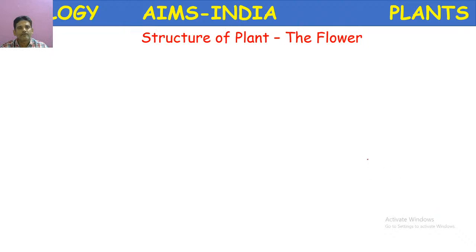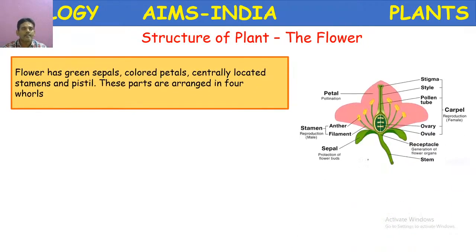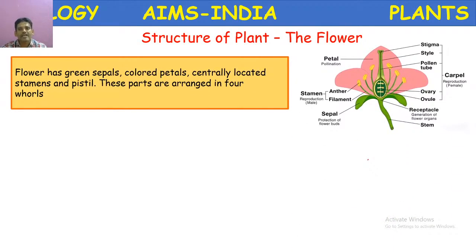Next, let us see the structure of flower. The most attractive part of the plant is the flower because it is colorful. So I brought a flower for you. This is a hibiscus flower. Let us discuss the parts of a flower.